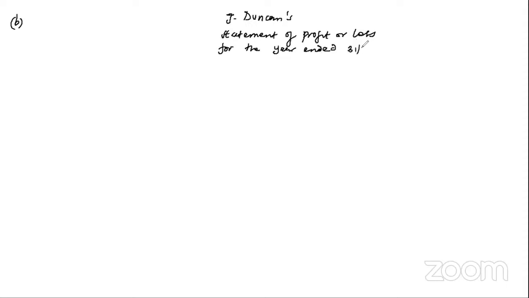This is part B. I'll say J. Duncan's statement of profit or loss for the year ended 31st December 2008. I'm going to still use 2 columns.